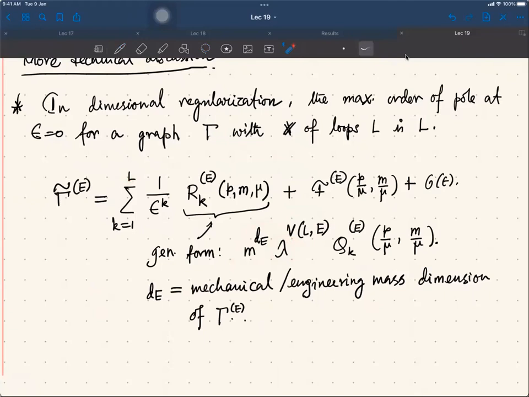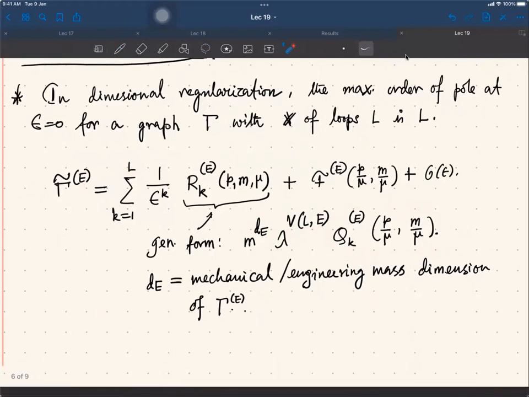Then when the values of L and E are given, v is given in terms of L and E, as we have seen earlier, and then something dimensionless, which depends on P/mu and m/mu, because those are the mass parameters.